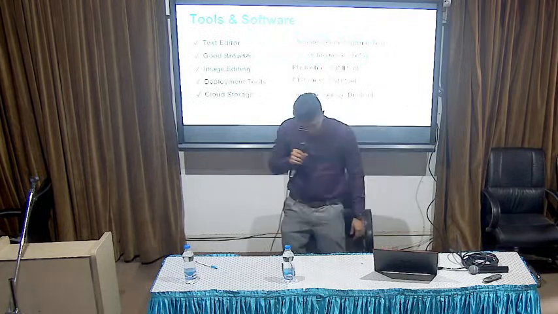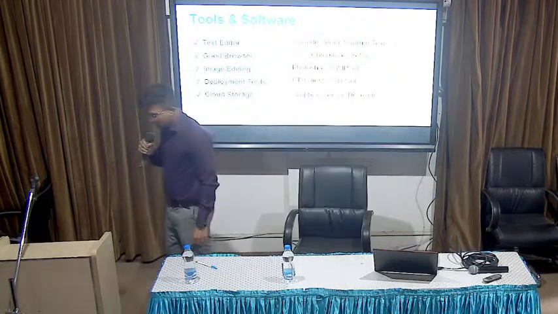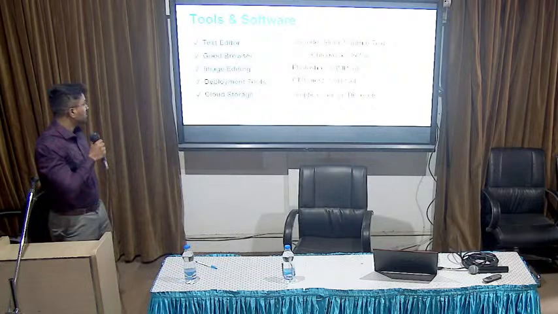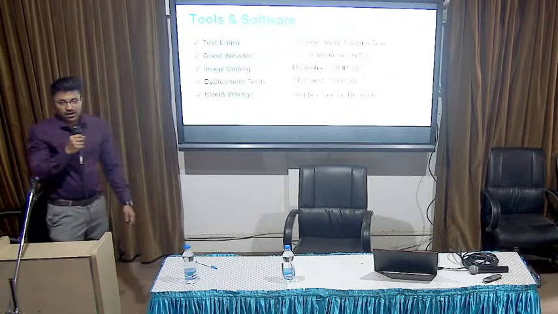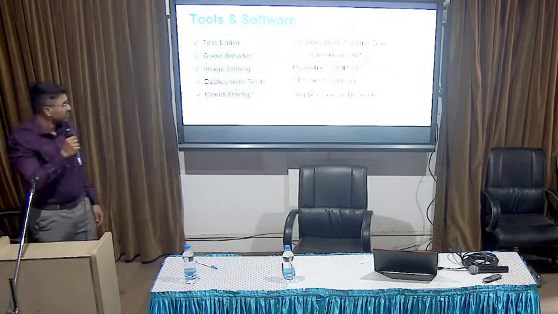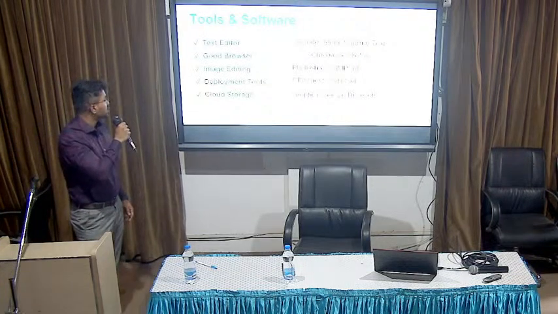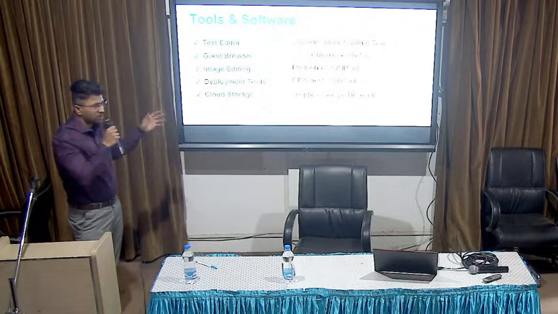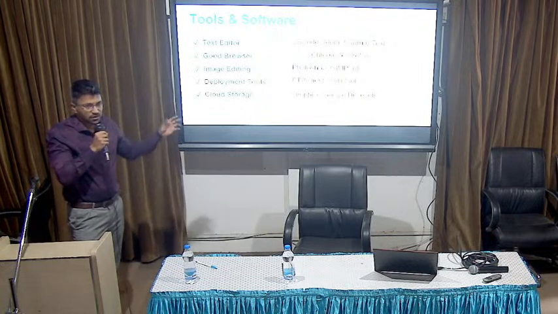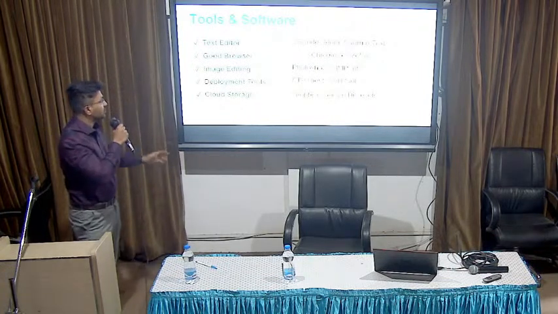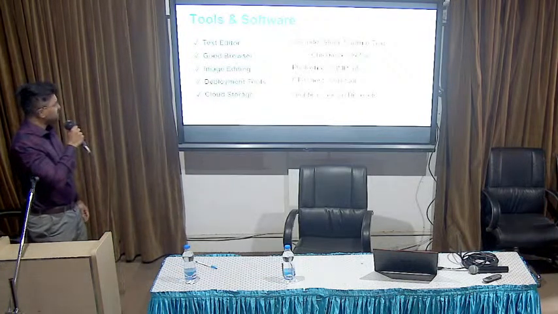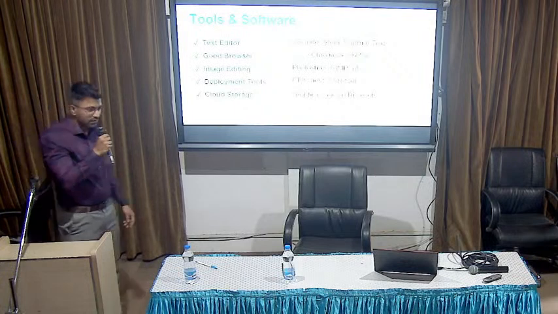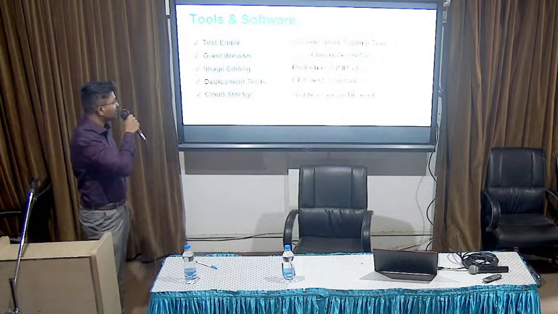Let us start with the tools and software we use in companies. As already mentioned, I'm from Atos Bangalore. For the text editor to develop and code, we use VS Code.